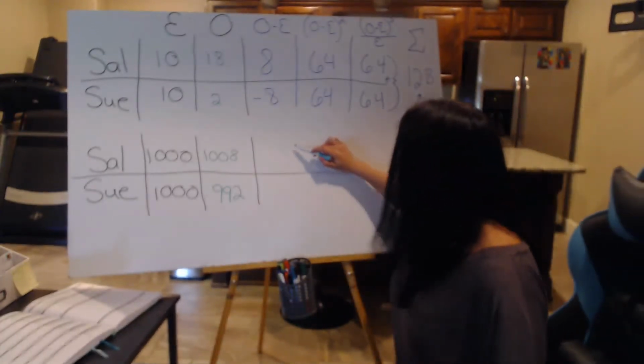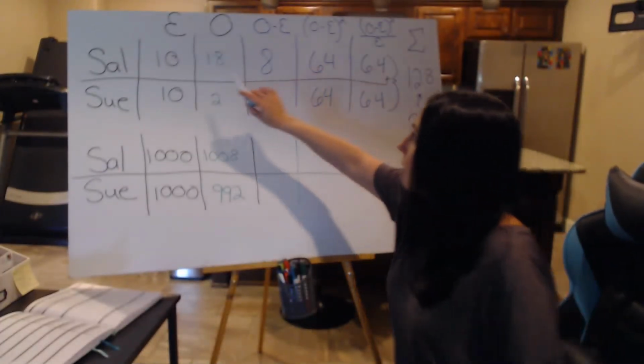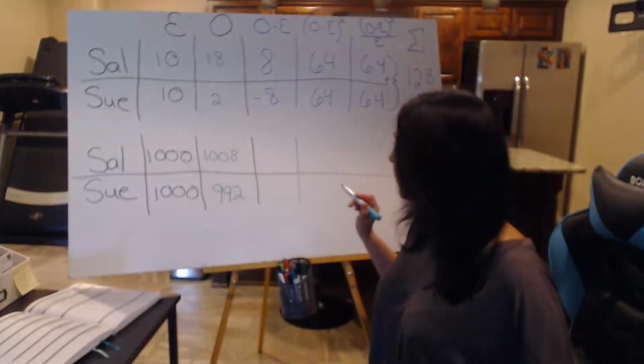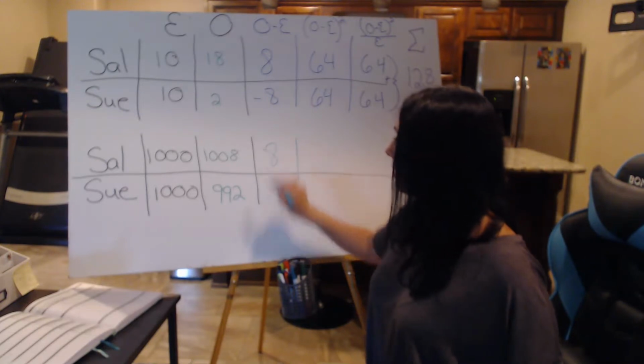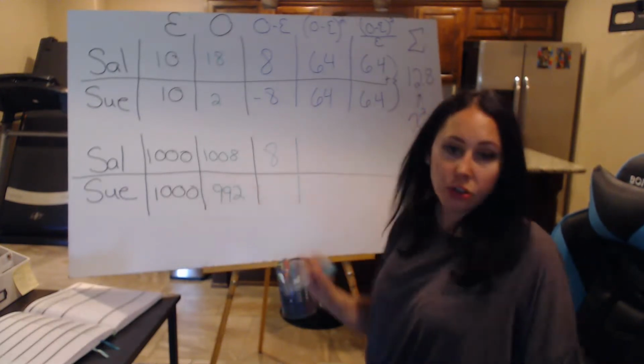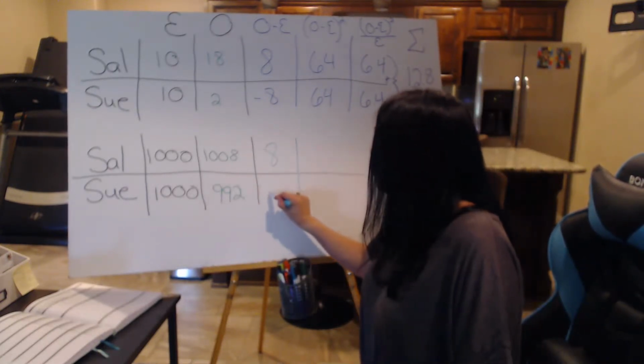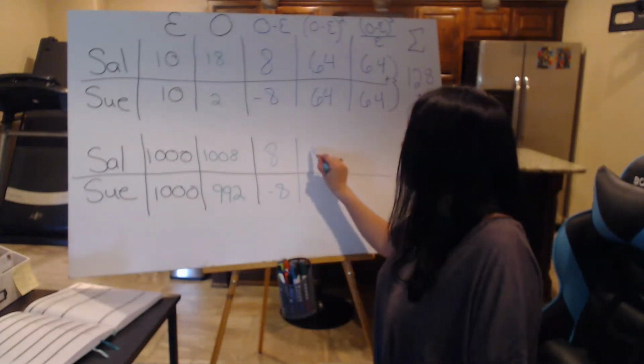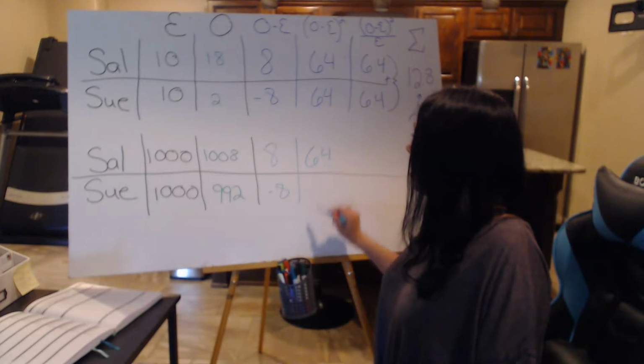Okay, so again, our observed minus our expected, O minus E, 1,008 minus 1,000. This is still 8. 992 minus 1,000. This is still negative 8. So when we square these, this is still going to be 64.